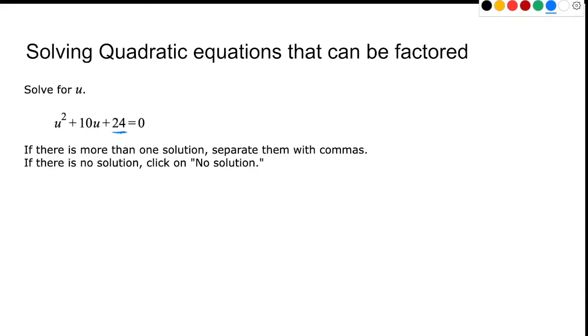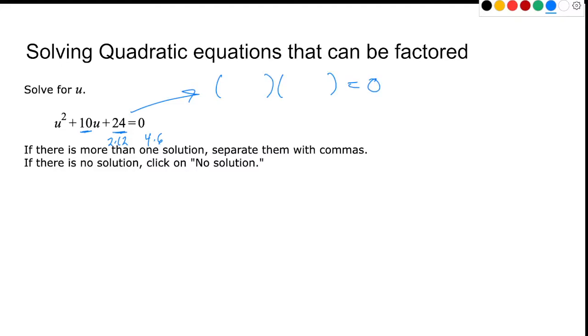The way we know that this can factor is that we look at this last term. That's either 2 times 12, or 4 times 6, or 1 times 24. But then we notice that this middle term, if you take 4 plus 6, you get 10. So this should be able to factor. The first step is to factor it into two binomials.